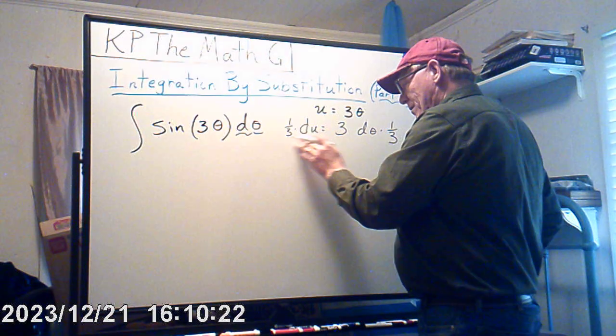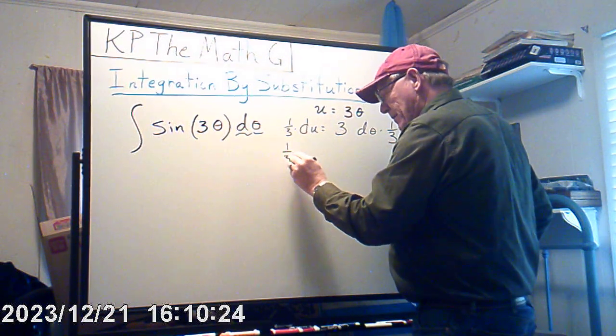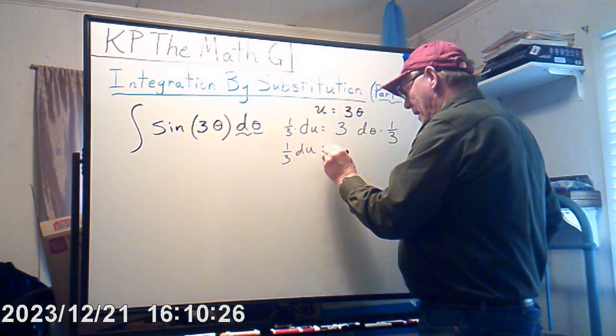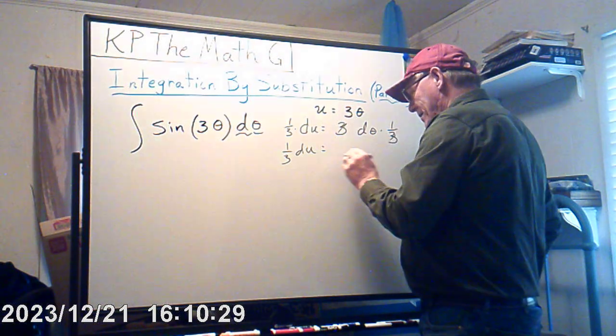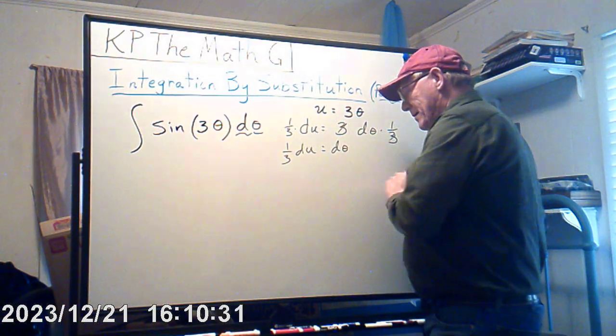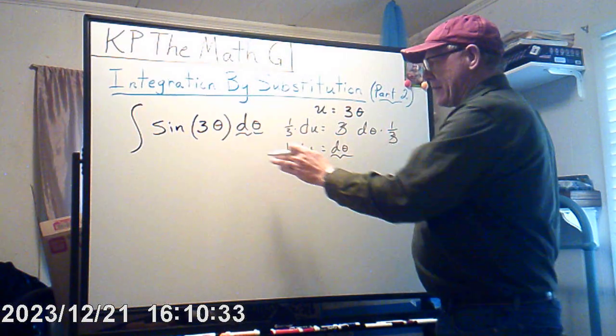So 1/3 du equals d theta. Notice what happens here: the 3's divide out, and I just have d theta. That's what I wanted to get down to.